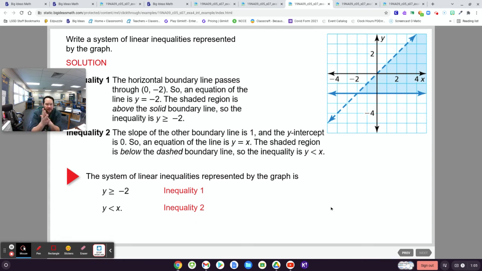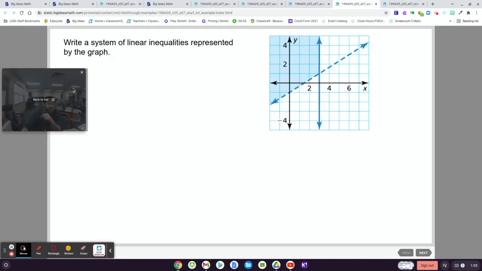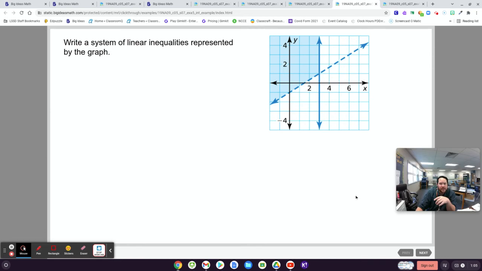Okay, look this over, make sure it makes sense. If you have questions, make sure to ask me in class. And now we're going to jump to another example. It's the same idea. So here, if it's a straight vertical line, your equation is going to be an x. So here, x is less than or equal to 3. You know it's less than because it's shaded to the left.